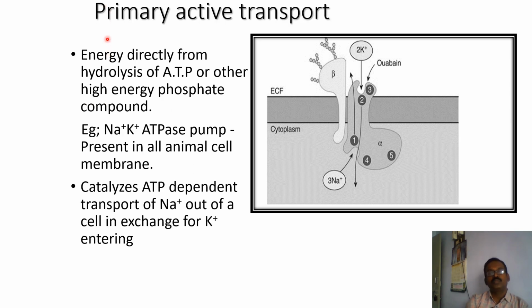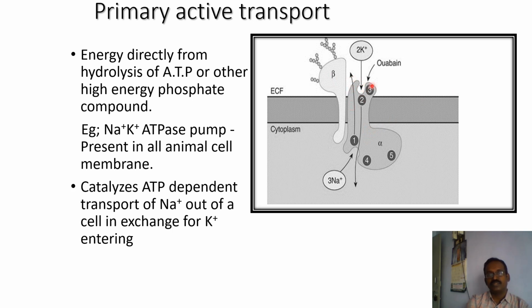Primary active transport directly utilizes the energy. The main example for primary active transport is the sodium potassium ATPase pump. It is present in all animal cell membranes, including human cell membranes. This is the picture of the sodium potassium pump. It has two subunits, alpha and beta subunits.